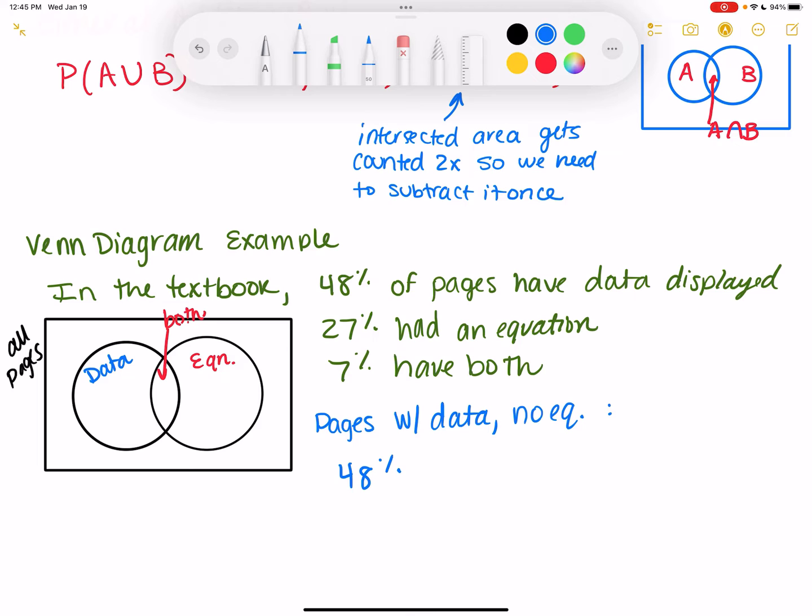In reality, I should make this a decimal. So 0.48 minus 0.07. So we're getting rid of the stuff that had both. So data and no equation is going to be 0.41. And that's what's going in this left circle.